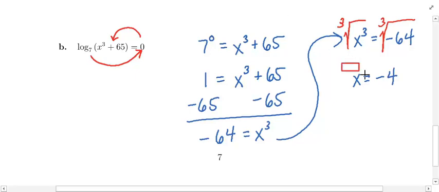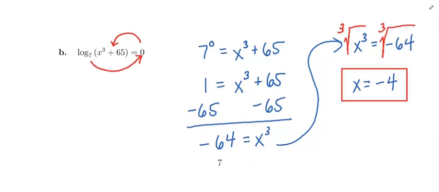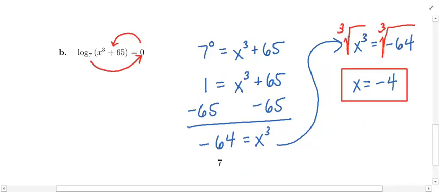We do need to check our answer, and I actually forgot to do that in part A, so I'll go back and do that after this. If we check ourselves, it's not like we're trying to make sure -4 is the correct answer, or whether I solved this wrong. We're worried about plugging in -4 to the original equation and that causing us to take the logarithm of a negative number or of 0. So let's pop -4 in for x into the original equation.